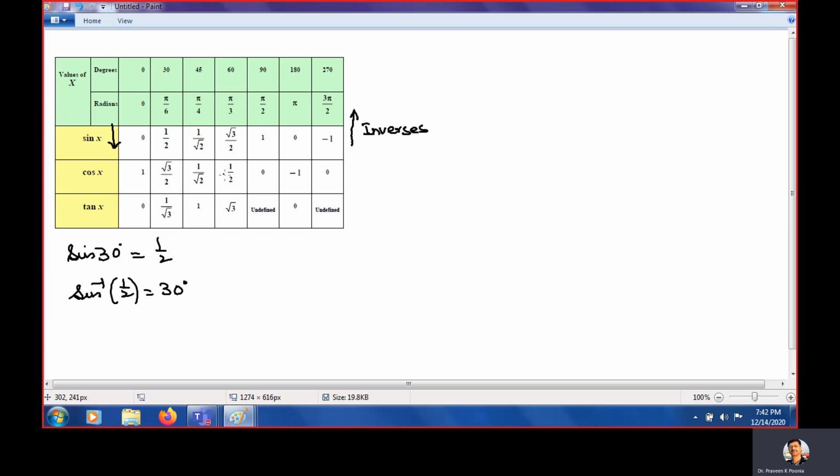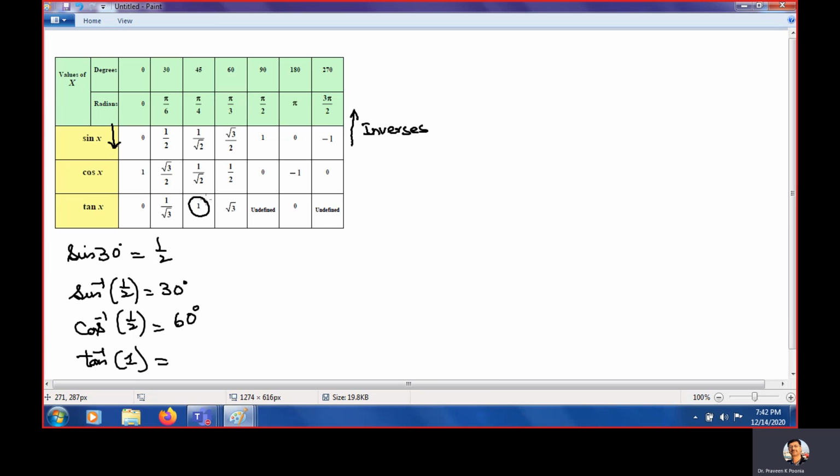Okay, let us say cos inverse 1 upon 2. So see, cos is this, 1 upon 2 is here, 60. So cos inverse 1 upon 2 is 60 degree. What is the value of tan inverse 1? Where is tan? Here.